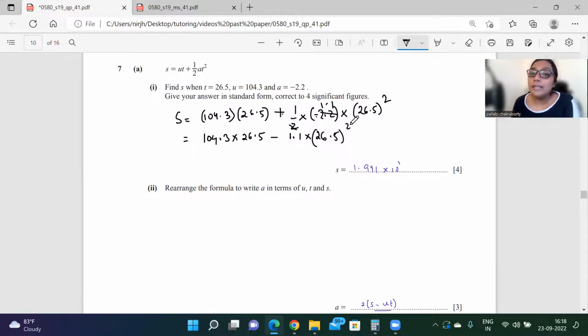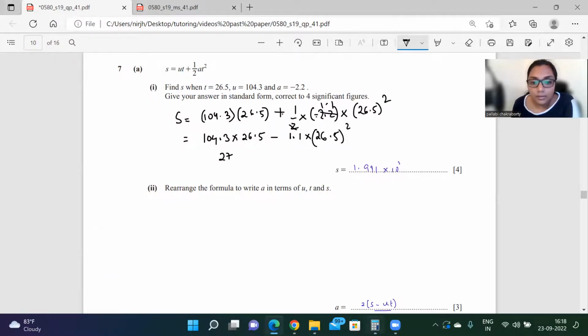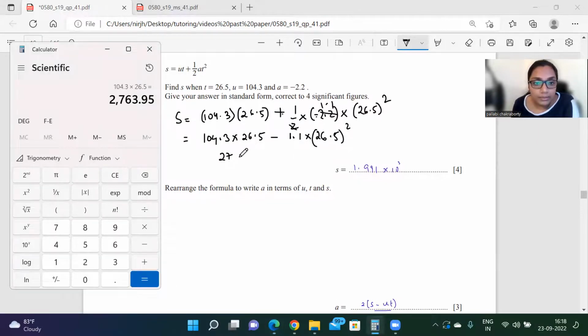If you do not understand it, you can straight away put the whole value in the calculator. No problem there. So let's plug in the values now. 104.3 times 26.5 gives you 2763.95.